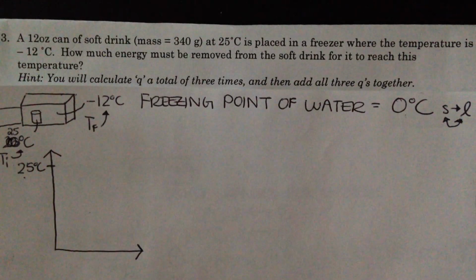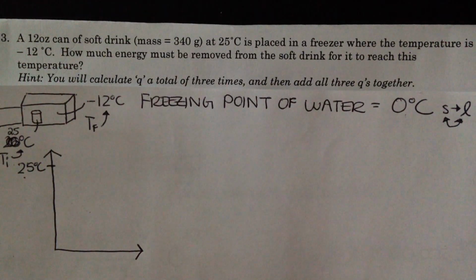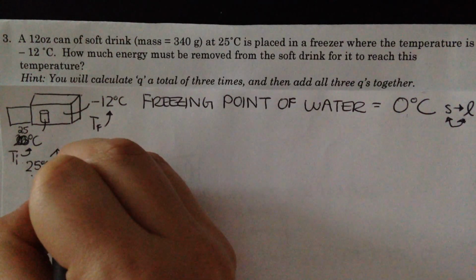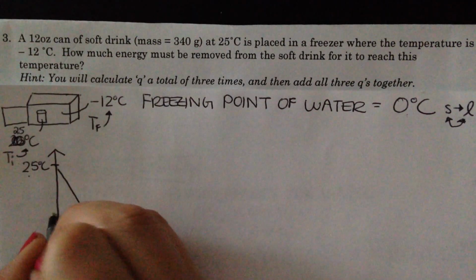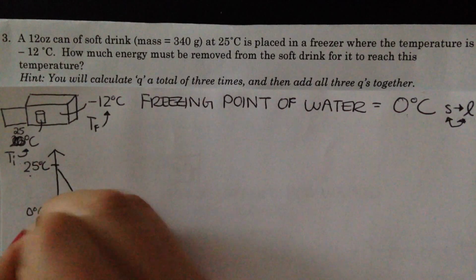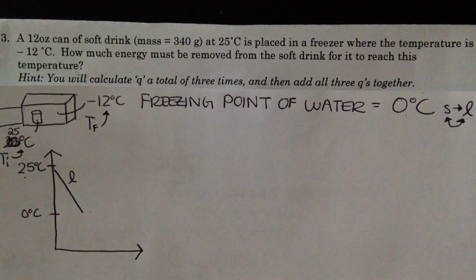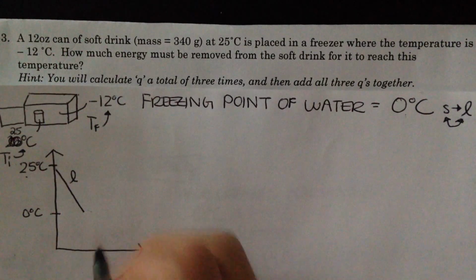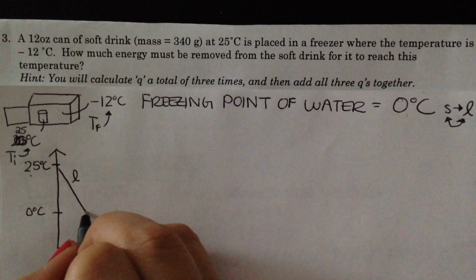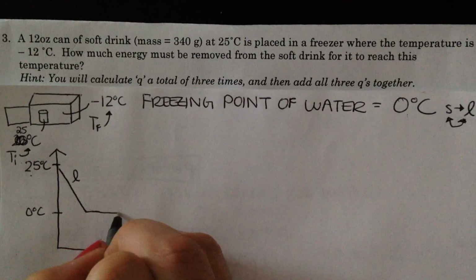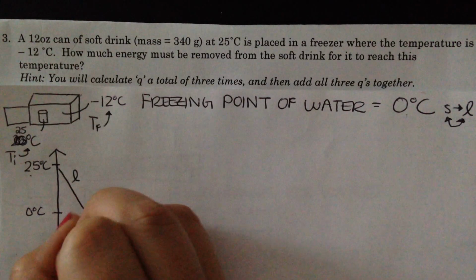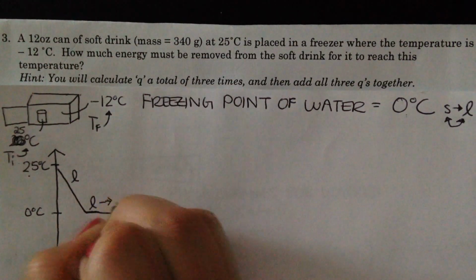We have to cool it down to 0 degrees Celsius first before it's going to freeze. So we're cooling down our liquid water and our liquid pop. Then once it hits 0 degrees, it's going to start to phase change and turn into a solid. So we have a liquid turning into a solid.